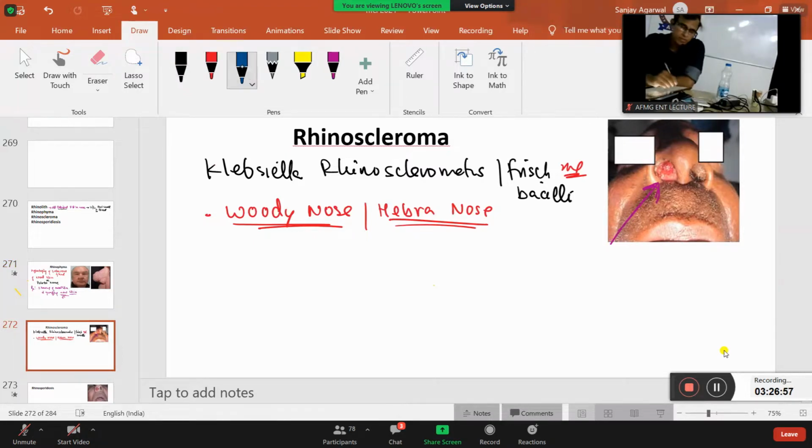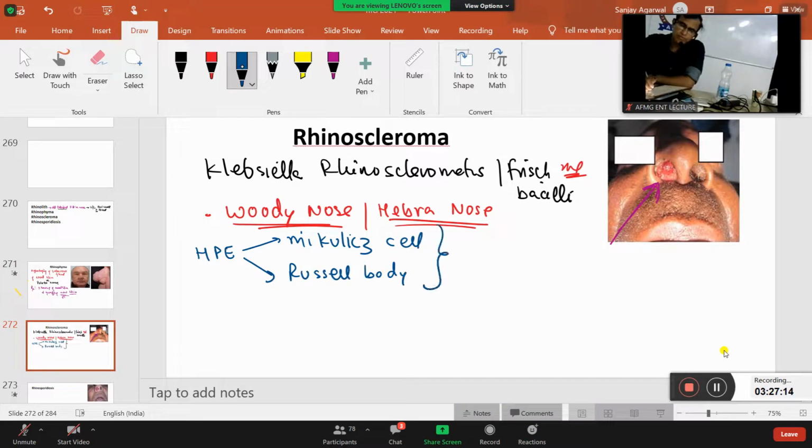Now, the most important question from here is the histopathology finding, which shows two types of cells. One is the Mikulicz cell, and the other is the Russell body. The combination is confirmatory for rhinoscleroma. If you see both these cells in a biopsy or histopathology, it's confirmed rhinoscleroma.